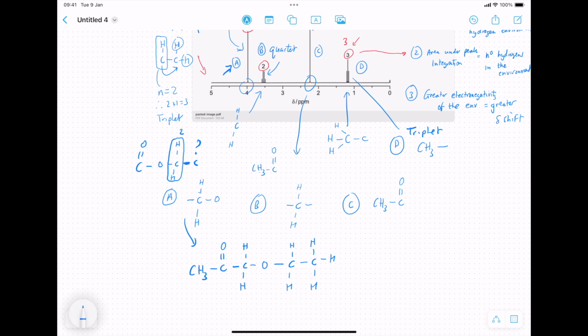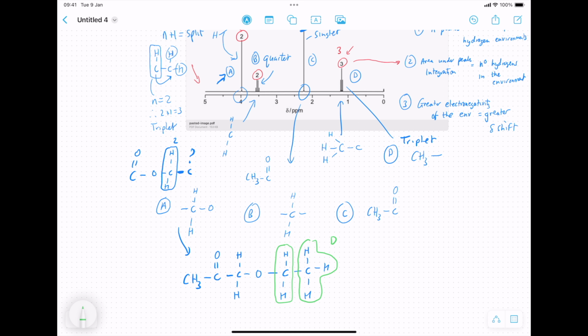So let's circle the environments. Use a different color. So that CH3 there, which is a triplet, is D. This CH2 here, which is the quartet because it's next to the CH3, so 3 plus 1 makes 4, must be B. Then we have the oxygen, and then we have, this was the difficult bit to identify, this other CH2, which is this one there, and that's a singlet because it's next to an oxygen on the right-hand side with no hydrogens, and then it's next to a C double bond on the other side, which doesn't have any hydrogens.